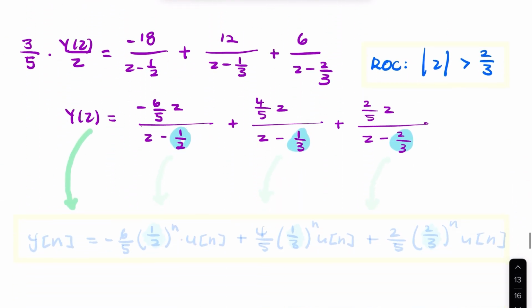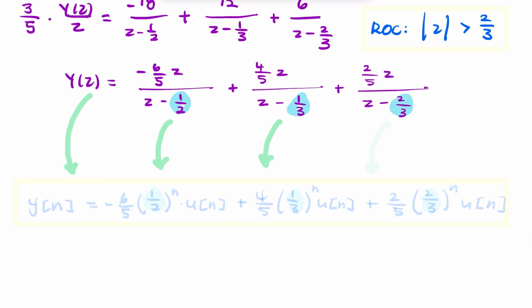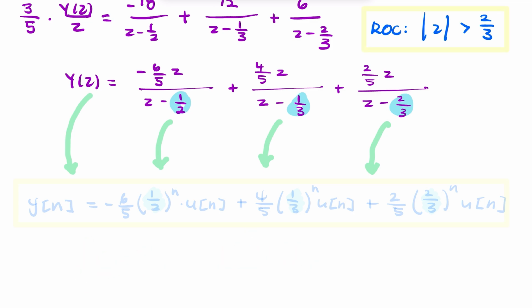So what we need to do is to find the inverse transform of each of these. So the first one is simply y of n.